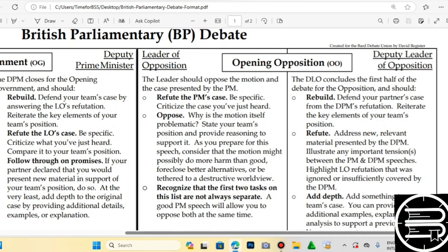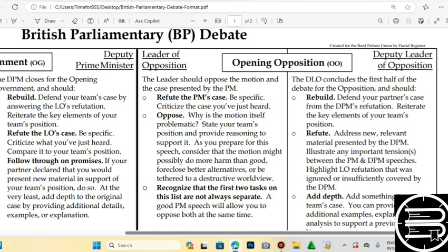So we expect him to oppose the motion. Why is the motion itself problematic? There are some of the issues that he can talk about. State your team's position. Their position is obviously opposing the government side. On what basis? Then provide the reasoning to support it. As we prepare for this speech, consider that the motion might probably do more harm than good.